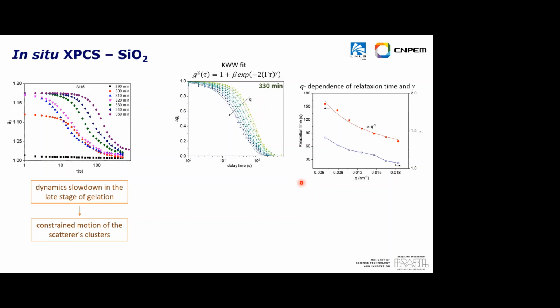It's going to give us more information about the dynamics. Here we can observe a relaxation time that decreases with Q, and also this gamma exponent that is above 1, because here we have the decay characteristic of a stretched exponent of gels.